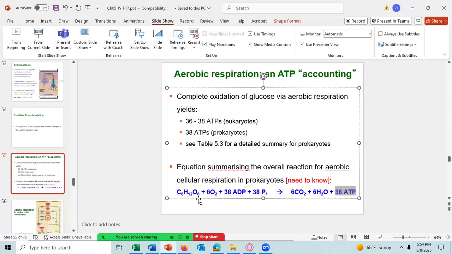You start with glucose, and you get out of it 6 CO2. None of these CO2 come from oxygen. All these CO2s come from glucose. And then the same with the water. All of the water comes from the oxygen. And the ATP comes from ADP. Any question about any of that?